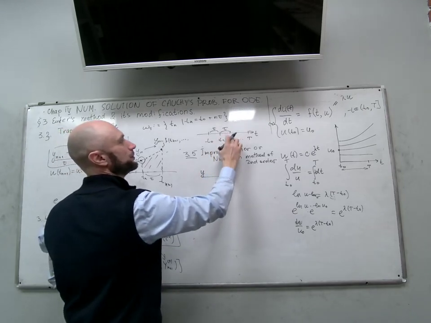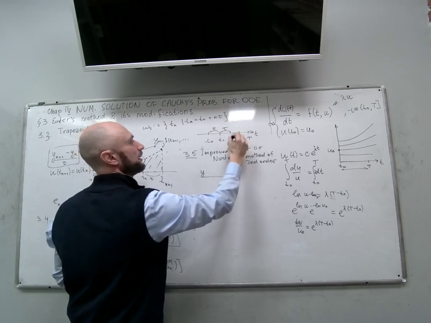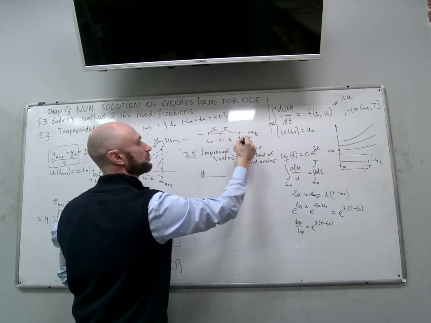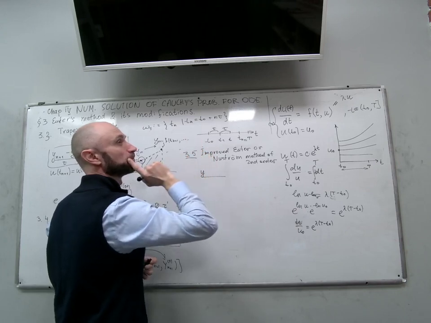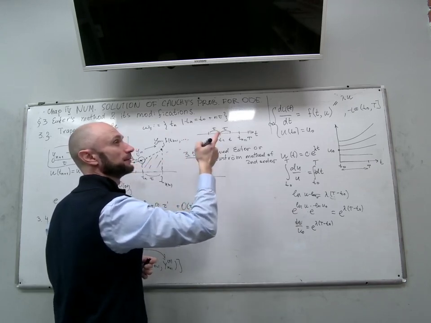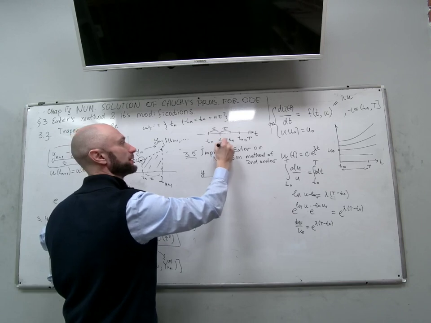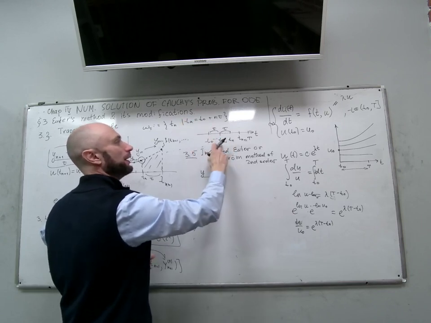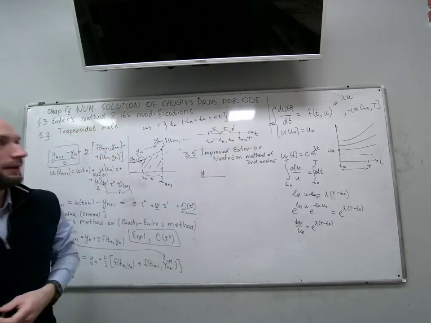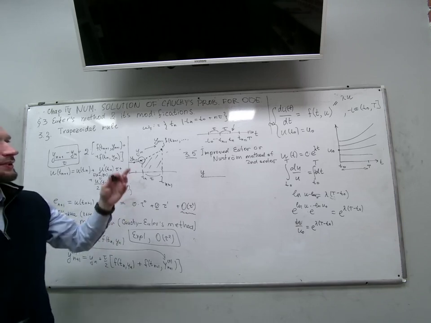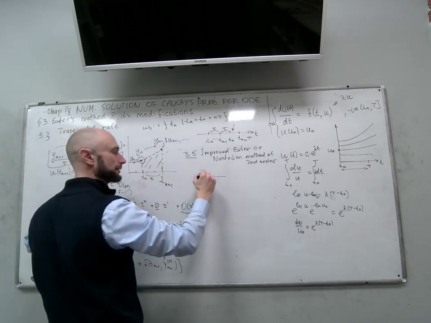I want to compute the derivative at Tn. This is Tn, this is Tn minus 1, and I want the derivative at this point, at Tn, using the central difference. So, what do I write?